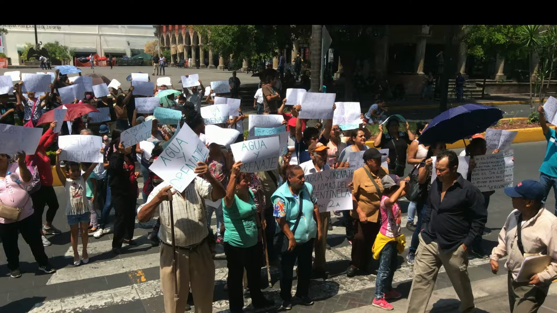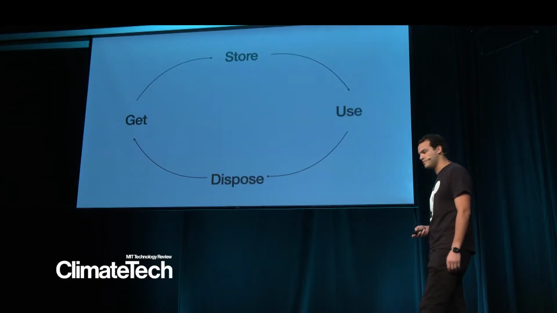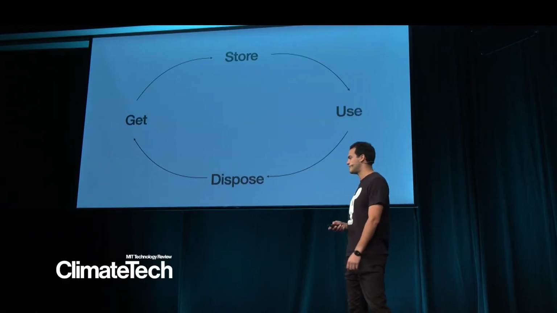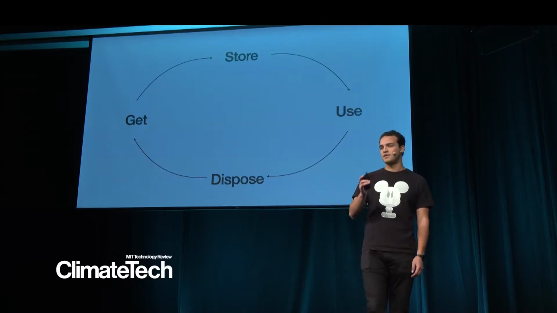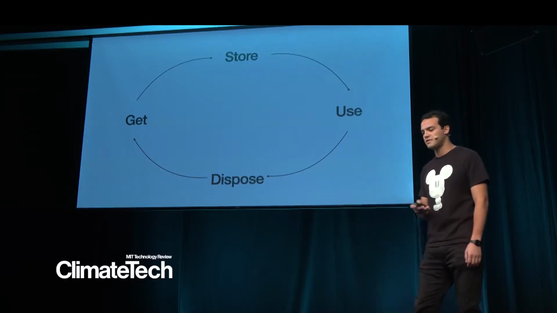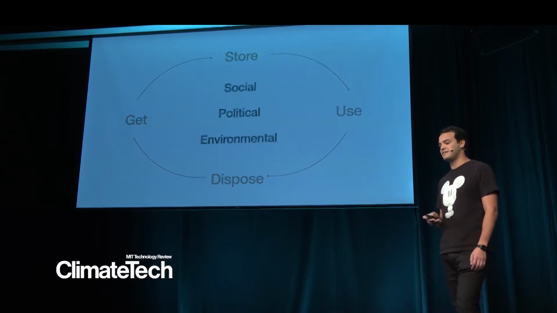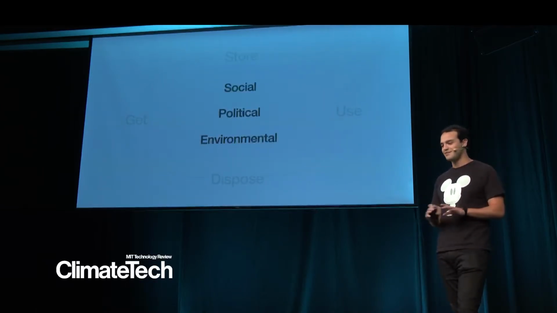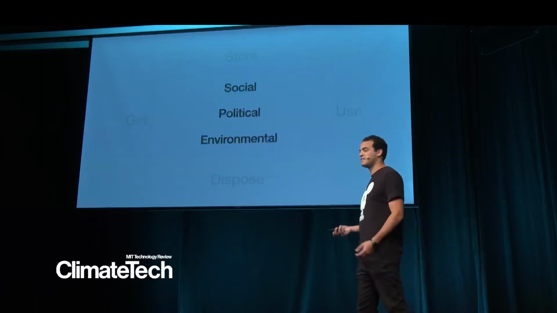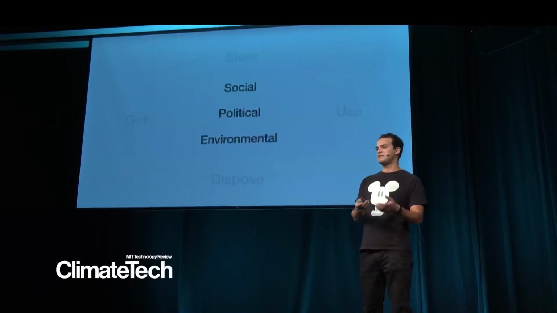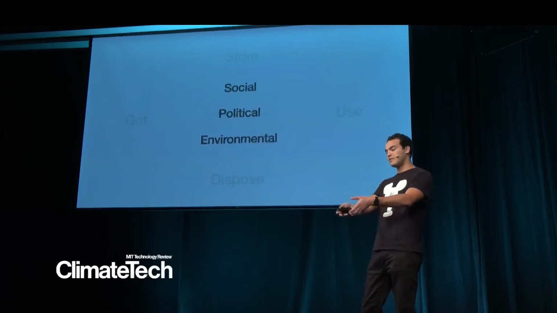When we went into the community, we decided to first try to understand the water cycle they have, all the way from getting the water, storing, using it, and disposing of it. We quickly realized that there are a ton of social, political, and environmental issues within the community that don't allow us to just implement one technology, so we want to take all of them into account when designing the solutions.